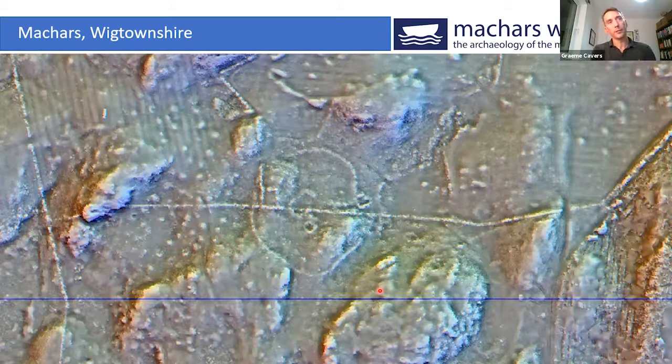So this is just an example of the type of site that was being recorded on the Machars Waterbourne project. Really quite spectacular enclosure here. You can see the remains of buildings inside it.